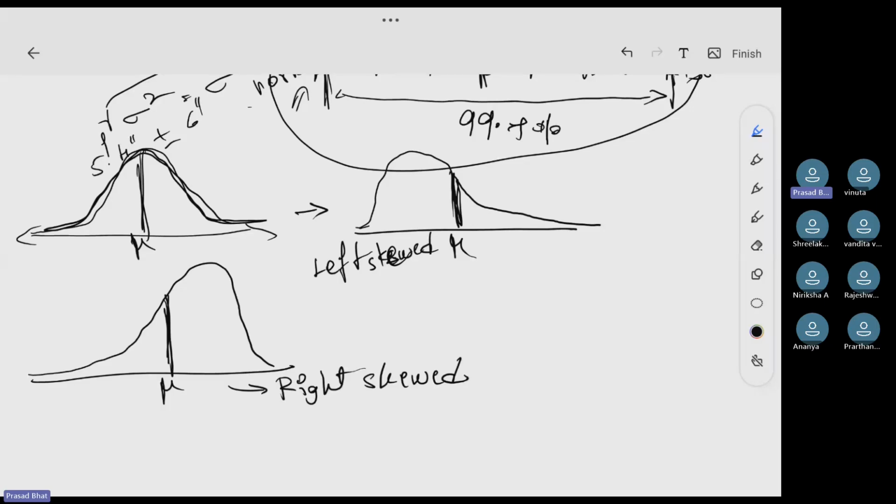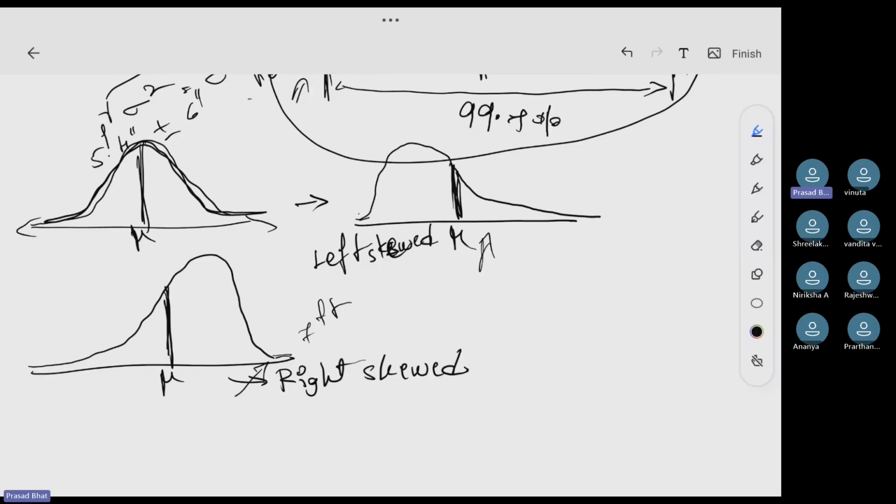It means the sample is not normally distributed. Maybe here some higher valued samples are more, for example people with height more than 7 feet are more compared to people with lesser heights. Or here people with lesser heights are more, and higher heights are comparatively fewer in the sample I have collected. In those situations, we say that the data is skewed.